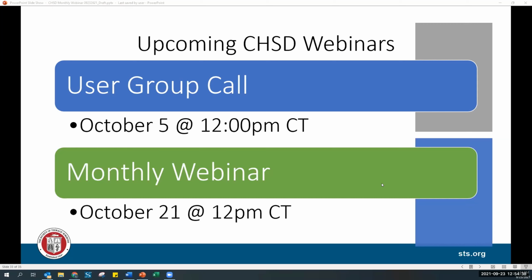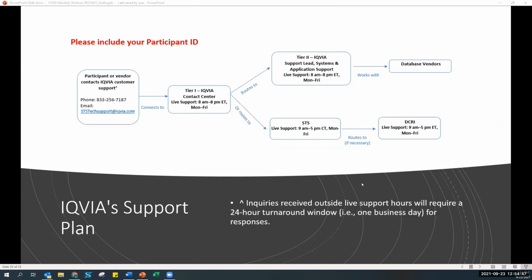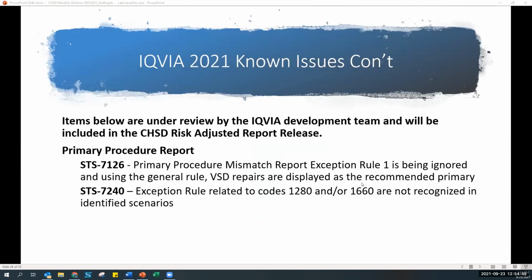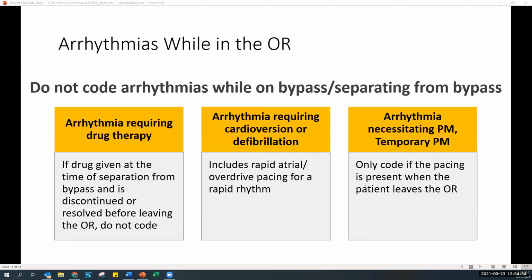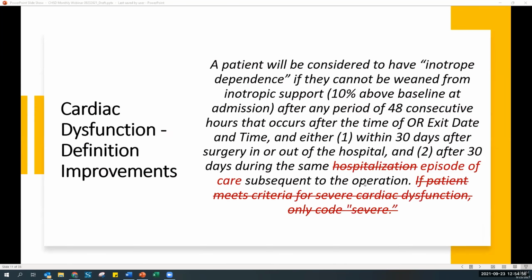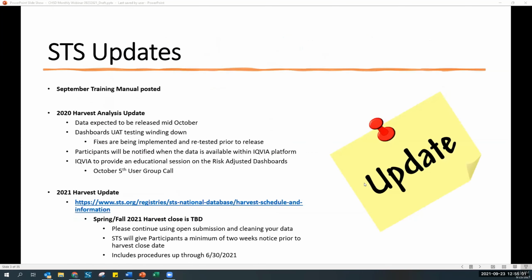Hey, Leanne, did you say earlier, and I'm asking because I've had a lot of people ask me this, that the single 2021 harvest will contain cases through June 30th, 2021? Yeah, the task force hasn't decided yet on the actual reporting period, but my understanding is that for the 2020 harvest, we used the reporting period up through June 30th of 2020.